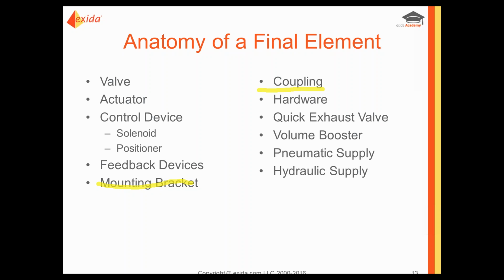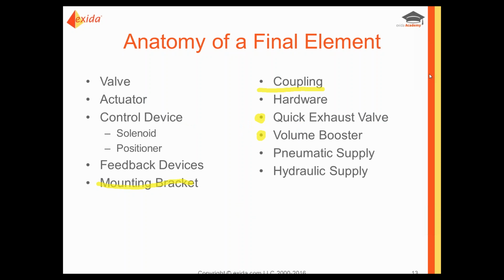Beyond that, there can be things such as feedback devices for automated testing or proof testing. There can be functional devices like quick exhaust valves or volume boosters to make sure that the assembly is moving quickly enough.